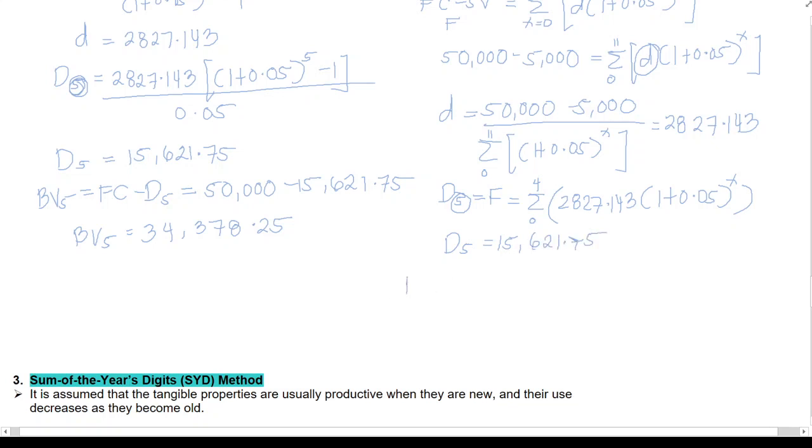So using again the formula of the book value at the fifth year, it is the same: FC minus the depreciation at the fifth year. That is 50,000 minus 15,621.75, which is equal to 34,378.25.